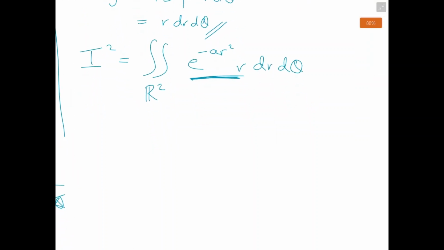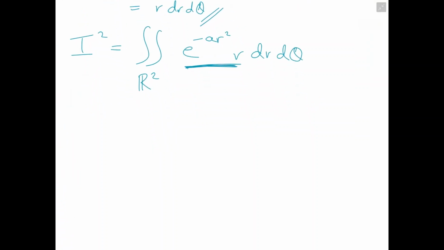The reason being, first of all, we can rewrite this double integral as an iterated integral, which is a fancy way of saying an integral of an integral.